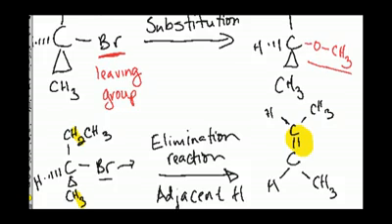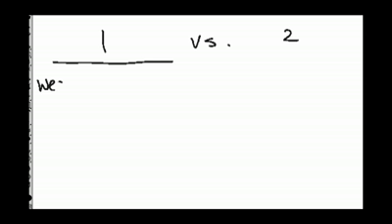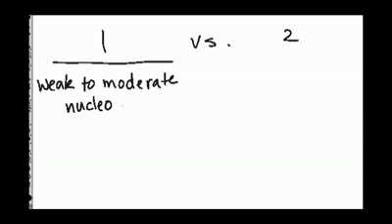Now let's look at 1 versus 2. What is 1 versus 2? The 1 reactions use a weak to moderate nucleophile, or it could be a base, depending on whether it's an elimination or a substitution.